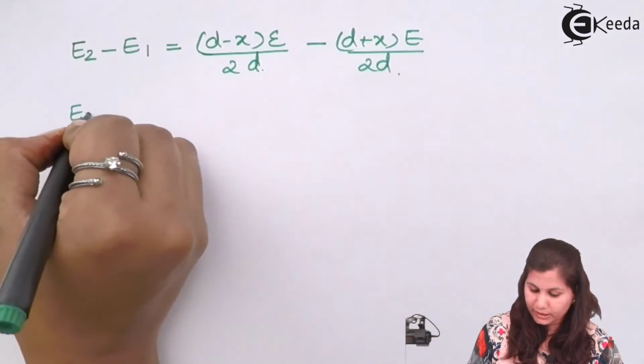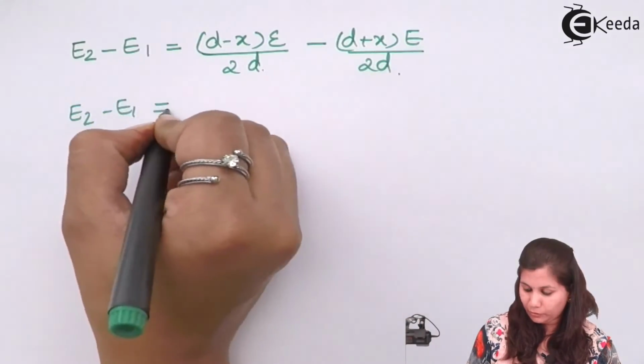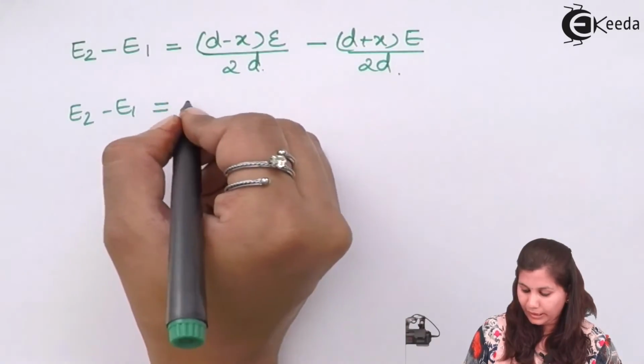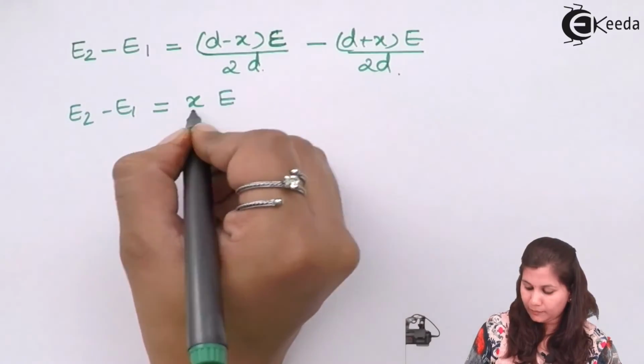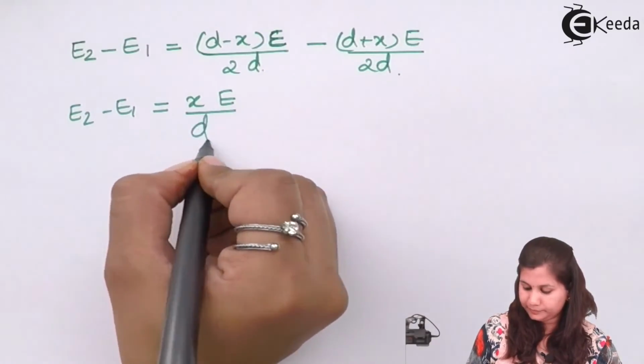When we solve this, E2 minus E1 comes out to be x E upon d.